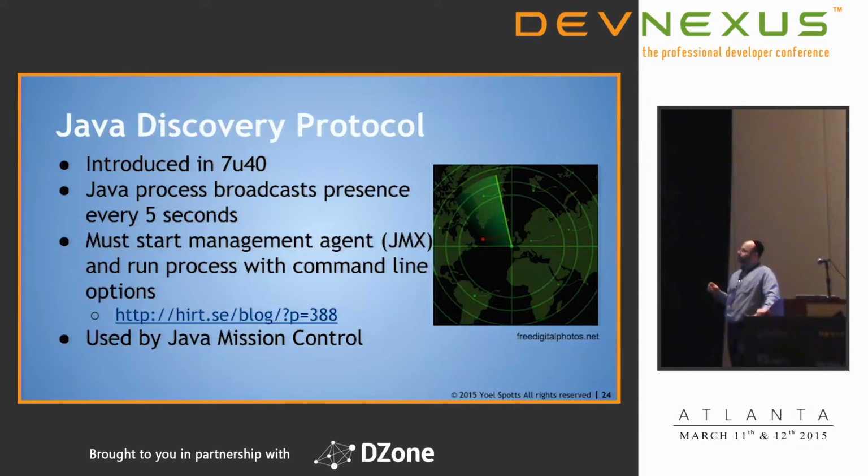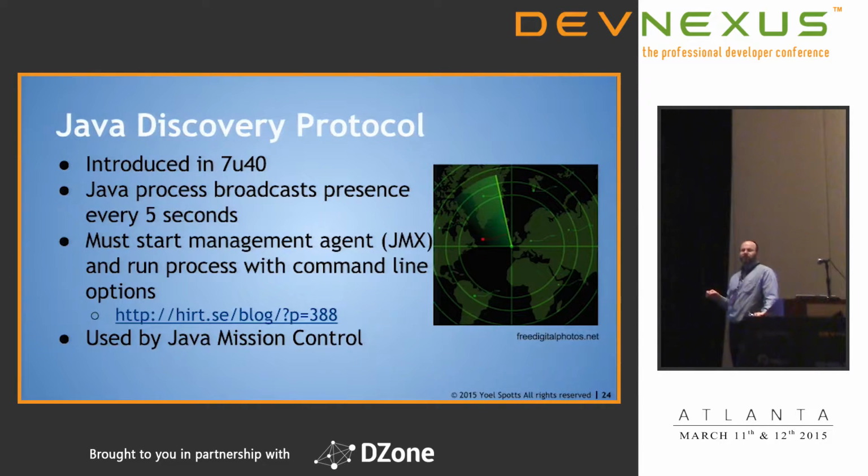Now, in order for this to be activated at the current point, you have to start the JMX management agent, and you have to run the process with some command line options. If you're very interested, I put the link there for some more information. This is not something I'm going to talk a tremendous amount about because, like I mentioned, this is a fairly recent mechanism used by the JVM.